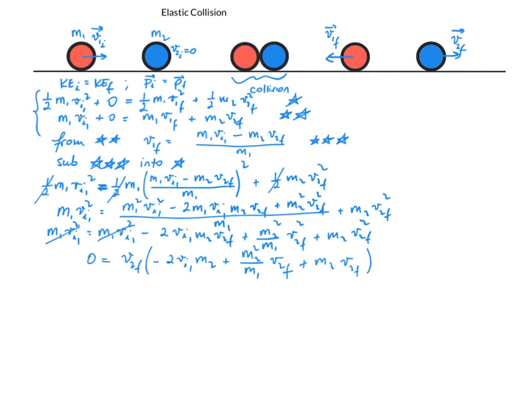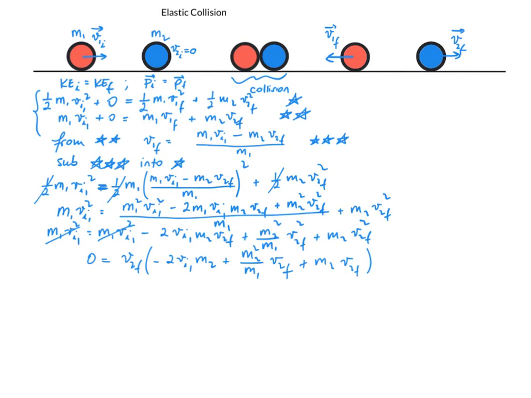And the only way that this product between v2 final and this mess over here can be 0 is if either v2 final is 0 or if this mess here is 0.